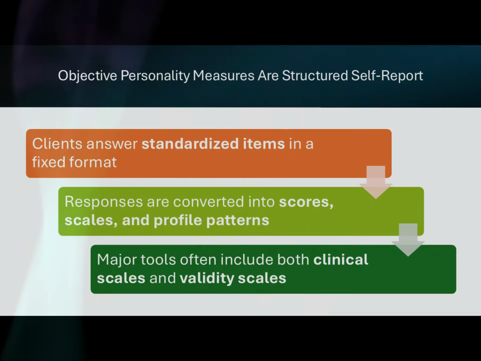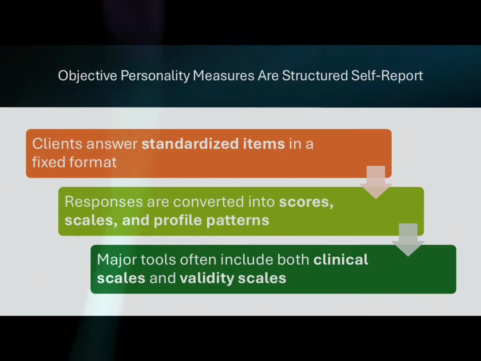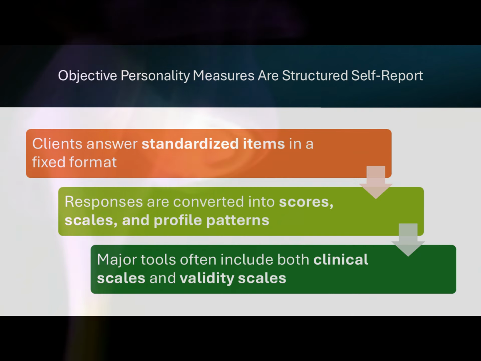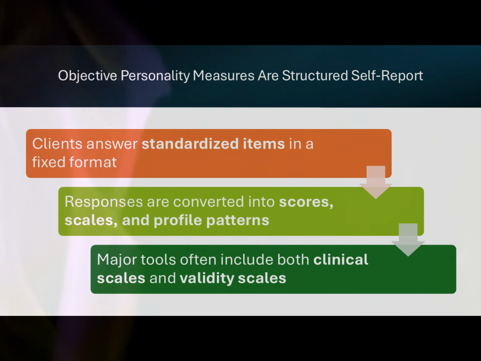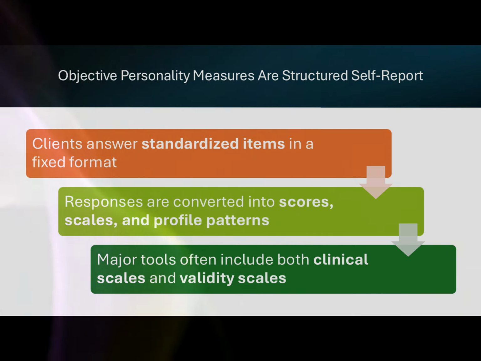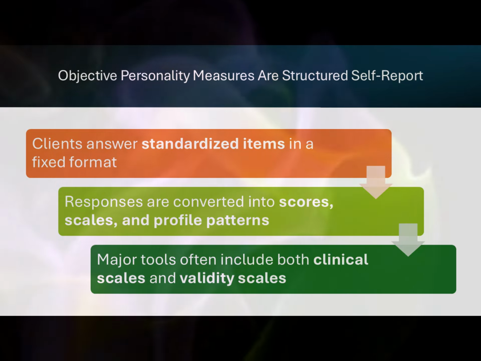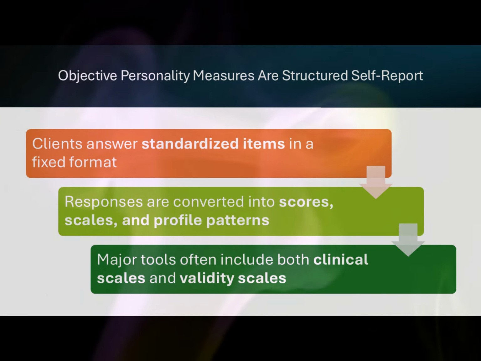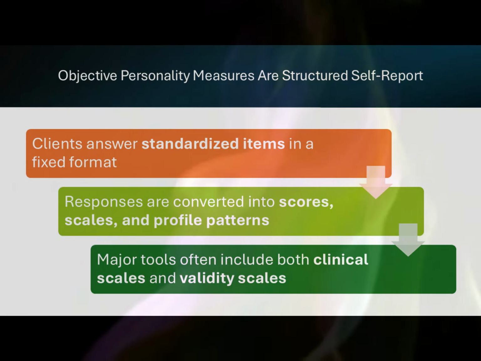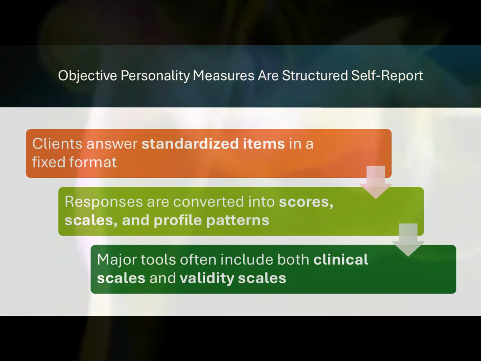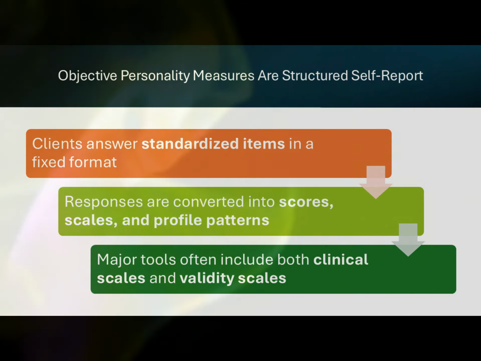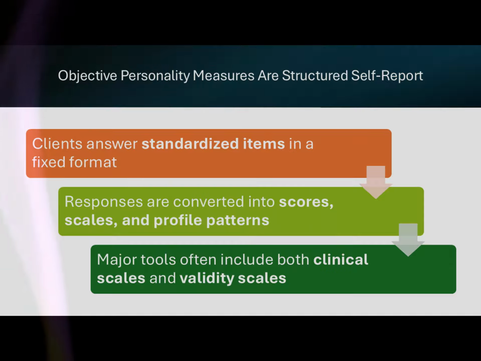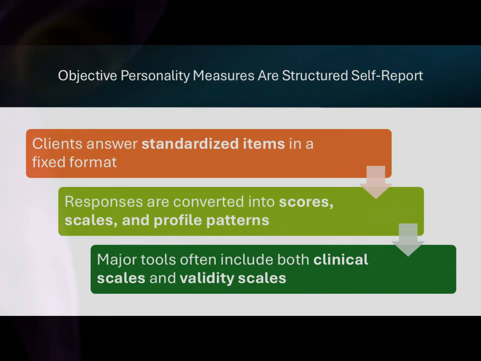And the point, especially important here, is that the major objective inventories do not only measure symptoms. They also try to tell us whether the profile itself is trustworthy. Some scales look for inconsistent responding, unusual over-reporting, defensiveness, or attempts to present oneself as unrealistically favorable.